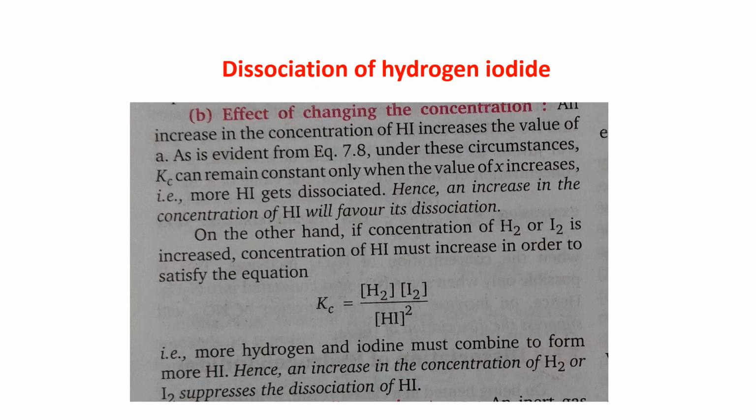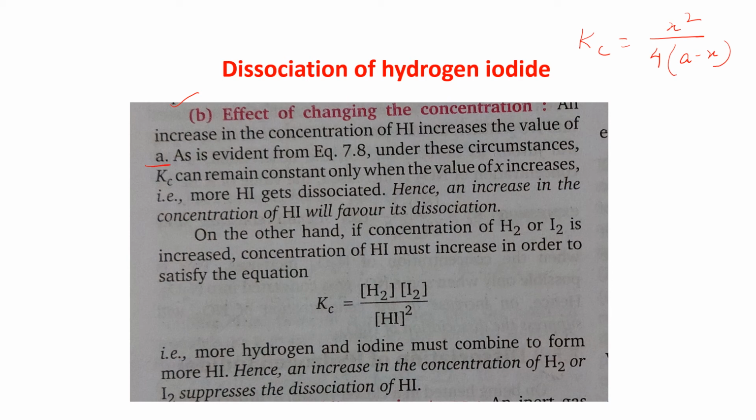Now here, effect of changing concentration. What is the Kc for that particular reaction? We have got Kc is equal to x square divided by (4a minus x) whole square. Now you are changing the concentration of HI. If you are changing the concentration of HI, that means you are changing the value of a.